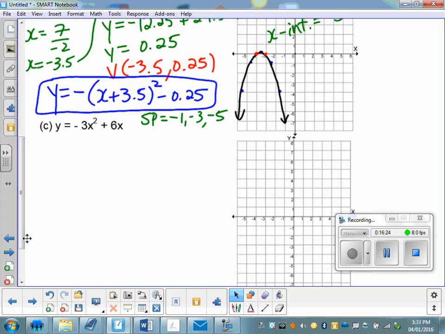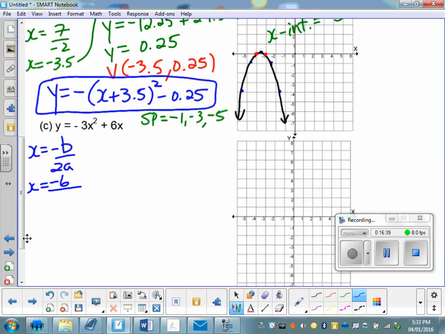The last one here, so start with the formula again, minus b over 2a. So this time my b is 6, so that's going to be -6. And then 2 times a, so 2 times -3. So I'm going to get -6 over -6, which means x is going to equal 1.